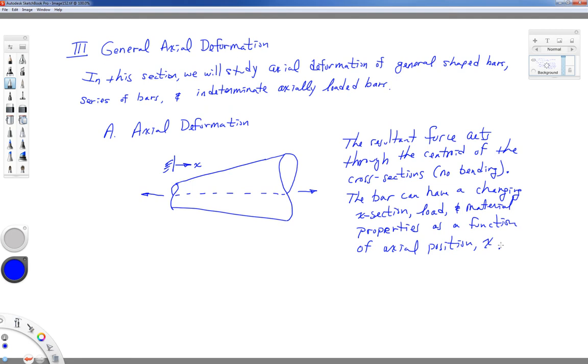So we have a strain that can change with position X. This is called a non-uniform strain distribution.